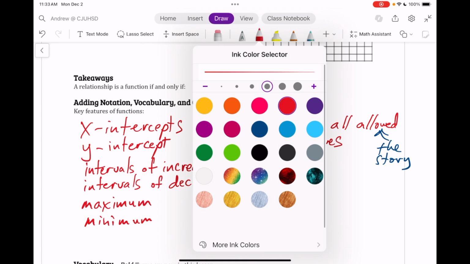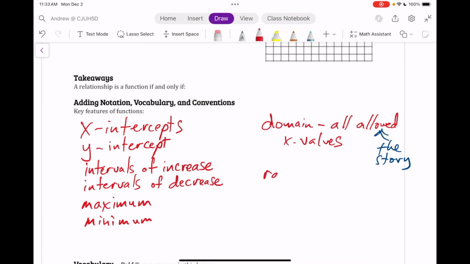A range refers to all possible y values. Now, I've used allowed for domain and possible for range. Basically, you pick the domain and the function has a certain kind of range.